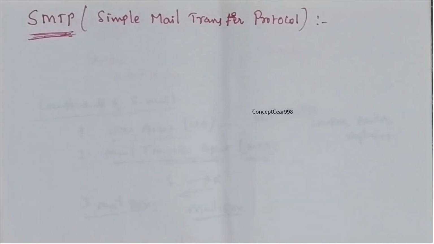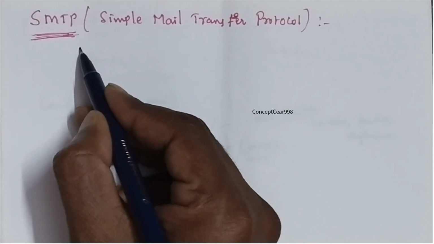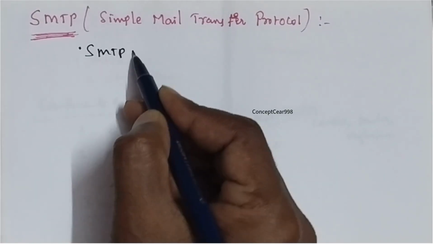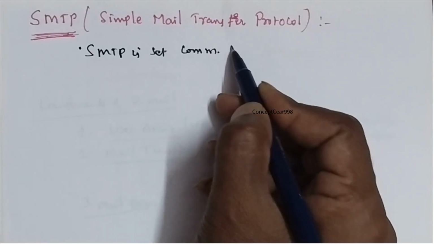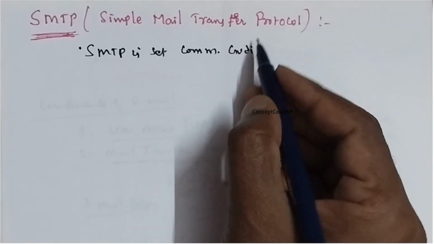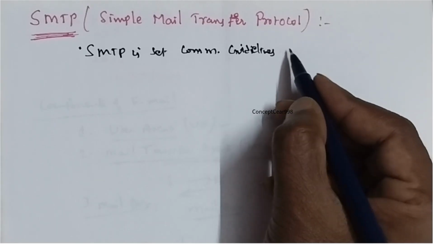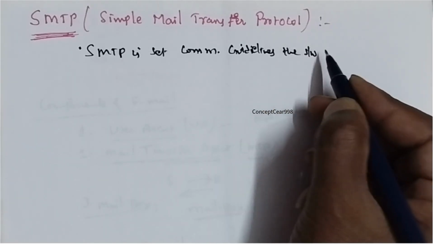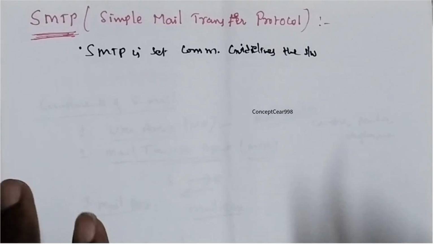SMTP is a set of communication guidelines that allows software to transmit an email over the internet, called Simple Mail Transfer Protocol. It is a set of communication guidelines that allows software to send emails from senders to receivers.